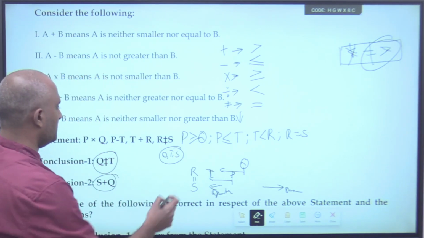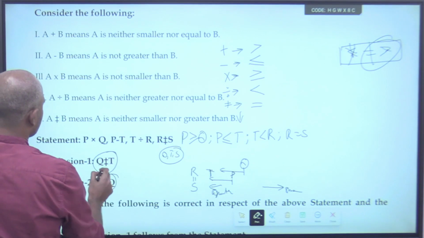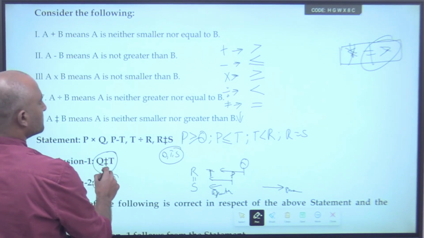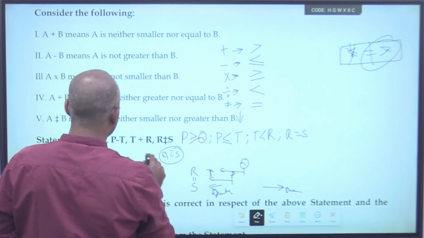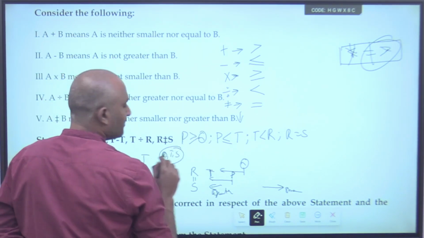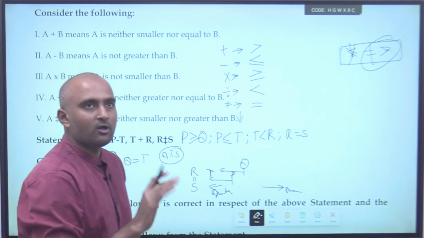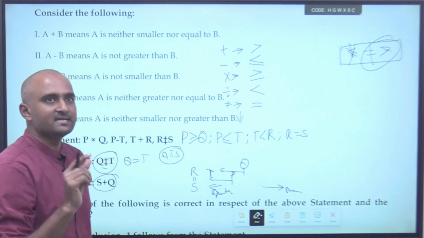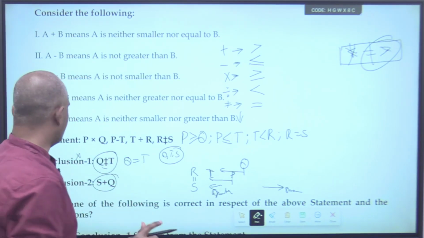Now we have observed the logical diagram, and let us get to the conclusion. Conclusion 1 says that Q must be equal to T. Always remember, a conclusion means it should hold in all possible cases. Even if in one case it fails, that means it is not a conclusion. It is not a possibility.